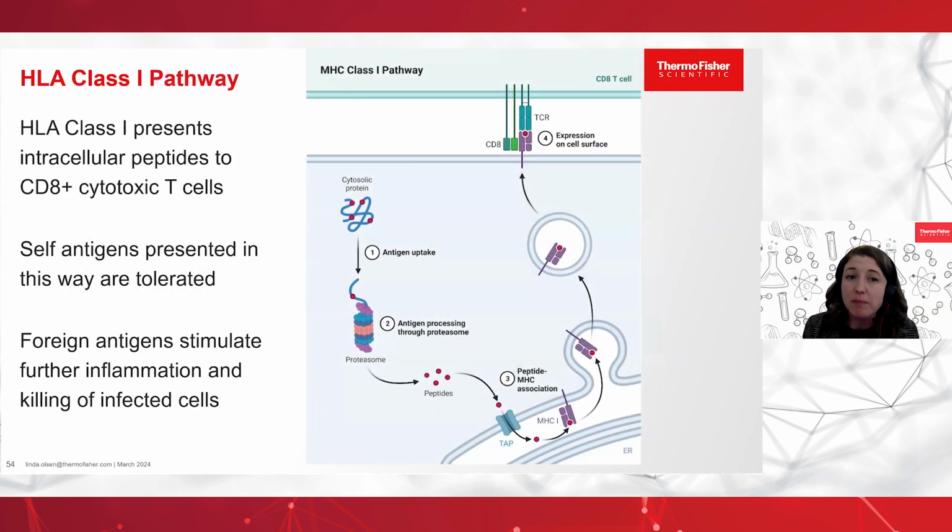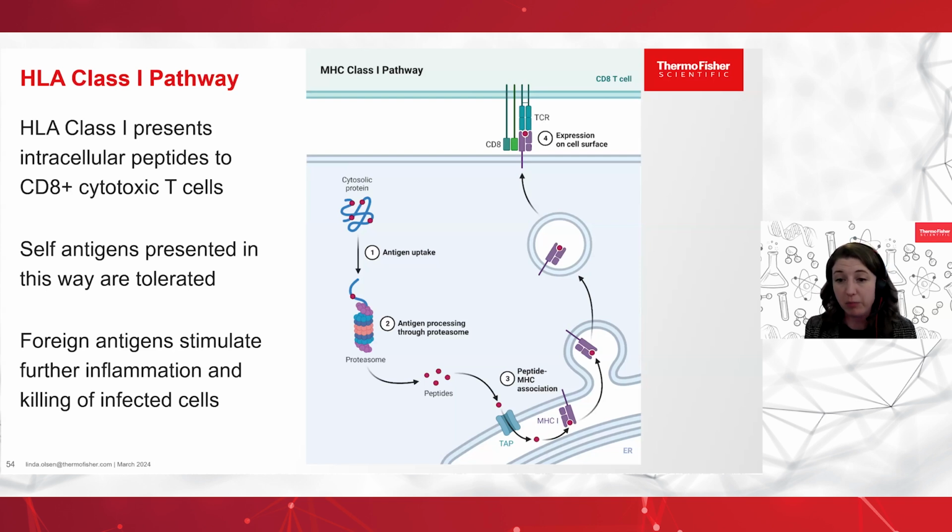The HLA class 1 pathway is that HLA class 1 presents intracellular peptides to CD8 positive cytotoxic T cells. This is most common for inherent self proteins or viral proteins that have infected the cell. So the antigen will be present in the cytosol.